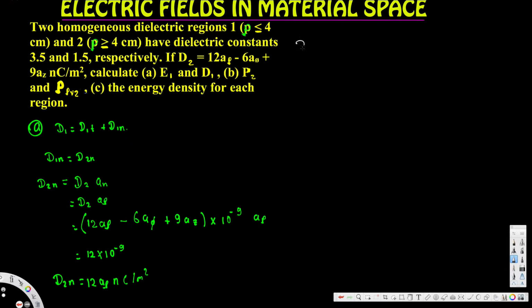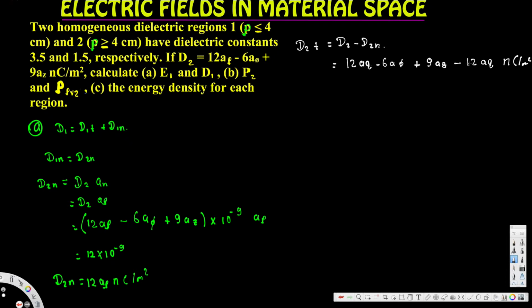Now how to calculate D2T? D2T is basically D2 minus D2N. We calculated D2N, and D2 is the given expression, the whole thing. So if we subtract this one from the whole thing, that's going to give us D2T. So let's go ahead and do that. This is going to be 12 A rho minus 6 A phi, that's the whole expression, plus 9 AZ, and subtract 12 A rho from that, and we have to put nano because everything is in terms of nanocoulombs per meter square.